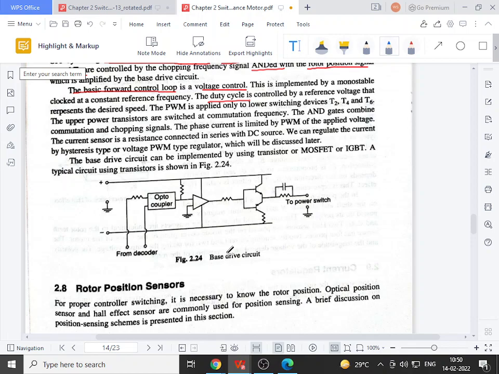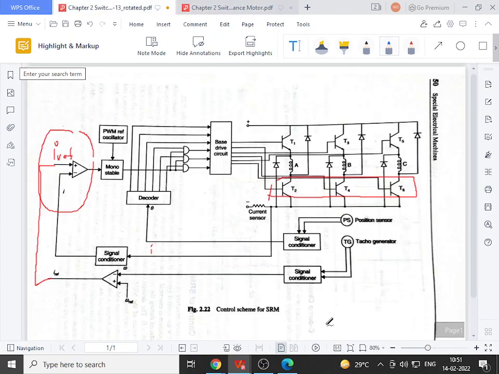Now this is about the basic simple control strategy. We are going to discuss it in detail in microprocessor and sensorless control, but the basic control strategy is like this. Upper leg switching devices are controlled with a rotor position sensor. Lower leg switching devices are controlled with a speed sensor, generally a tacho generator, that is your chopping frequency or stepping frequency.